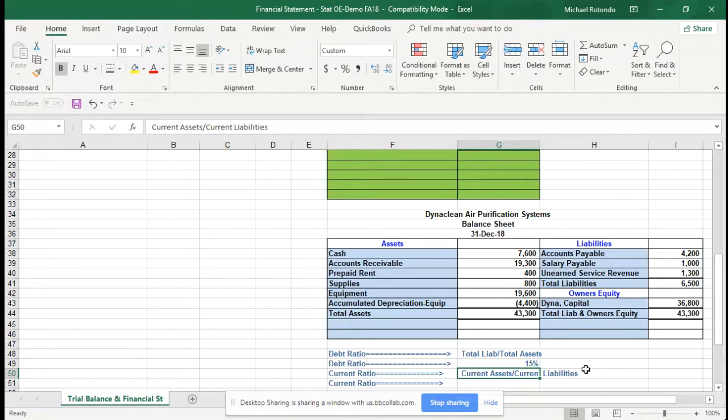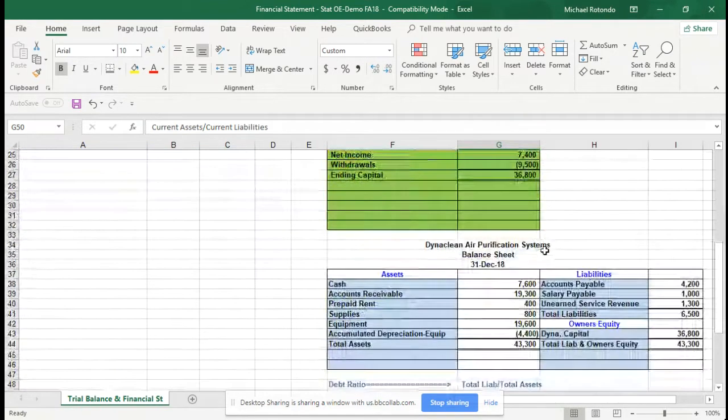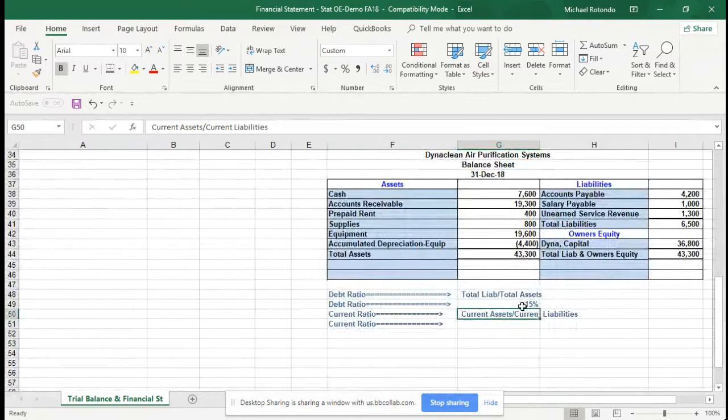So if we look at this company so far, we can see that they had a profit margin ratio of 43%, which we calculated in an earlier video. And we see that they have a debt ratio of 15%, which is very low. So, so far, the company looks pretty good. Now, the current ratio looks at current assets and current liabilities.